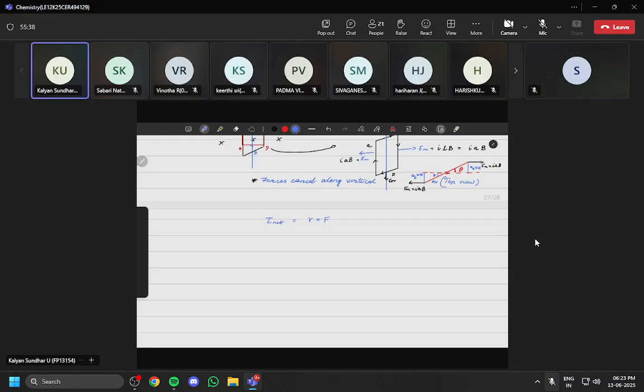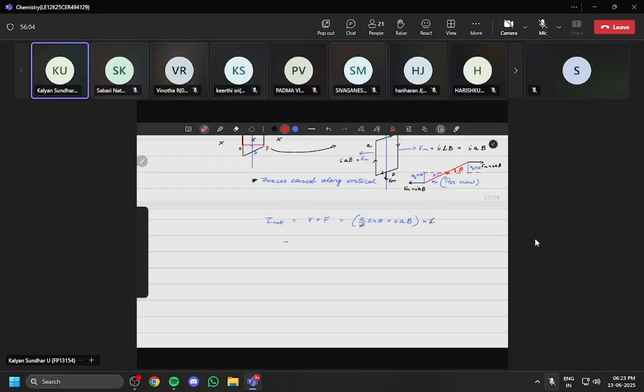So ultimately your tau net will be equal to r cross F. What is r? a/2 sin theta, into the force, which is how much? IaB. How many torques have been produced? 2 torques, so multiplied by 2. Now what happens? 2 and 2 cancel out.